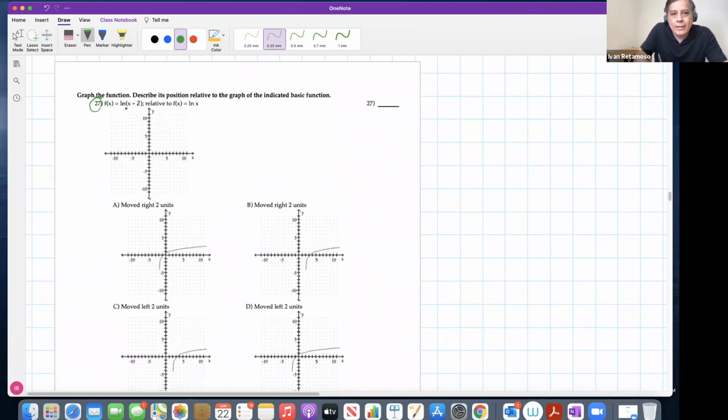Try to graph ln of x minus 2, and show how this is gotten with respect to f of x equals ln of x. Remember the hint, start always with something that you know, which is just this one, and go from there.